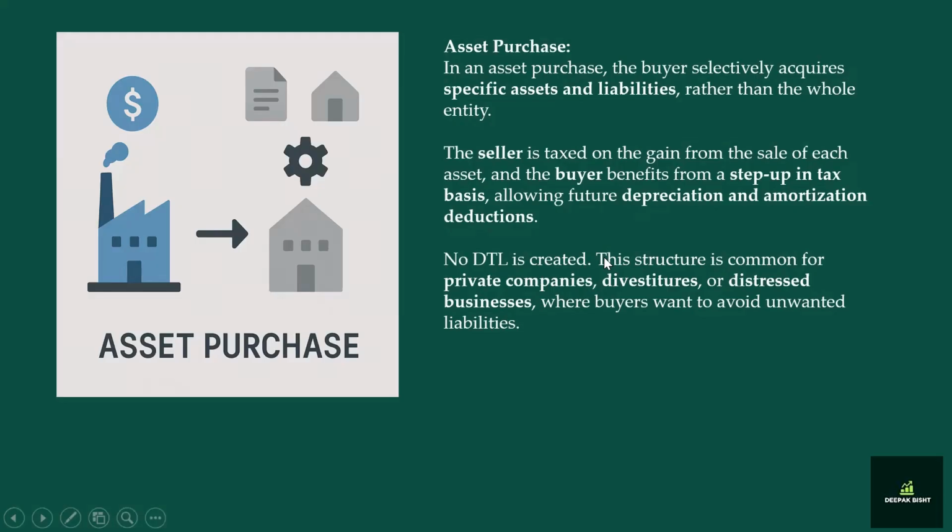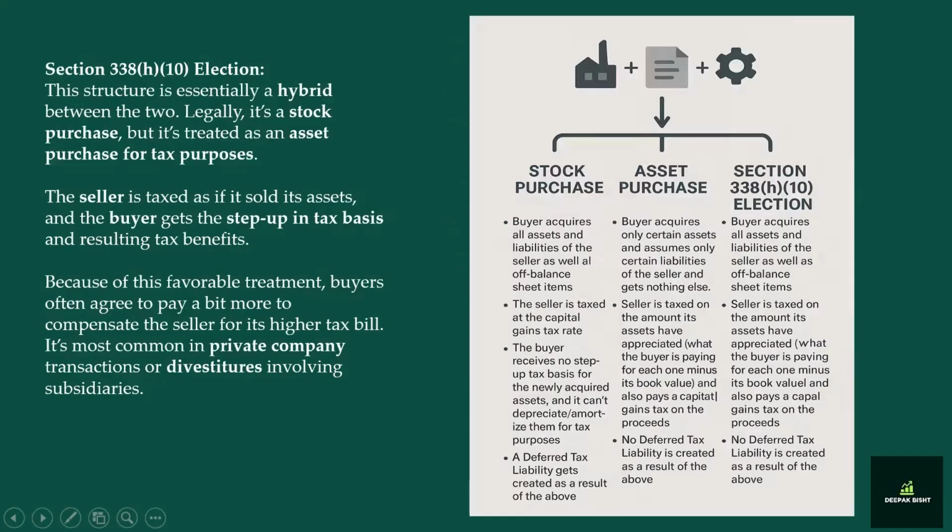So let's discuss section 338 now. When the deal structure is a section 338 election, this is actually a hybrid structure. It is legally treated as a stock purchase, but for tax purposes, it's treated as if the buyer bought the company's assets.